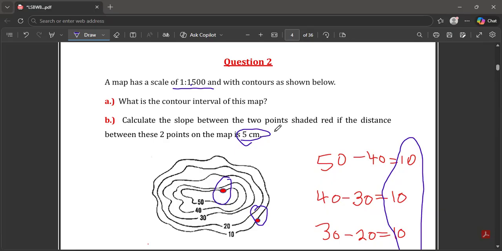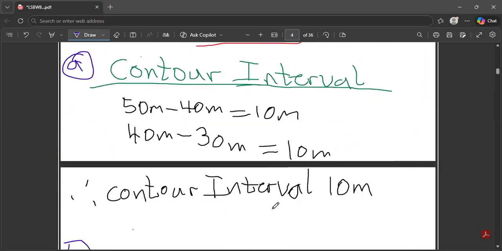Take note that 100 centimeters is equal to 1 meter. Yes, 100 centimeters is equal to what? 1 meter. Exactly. So let's quickly apply that concept.